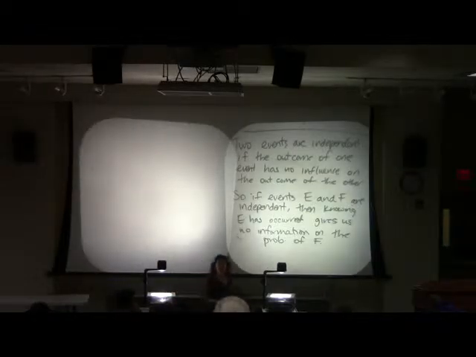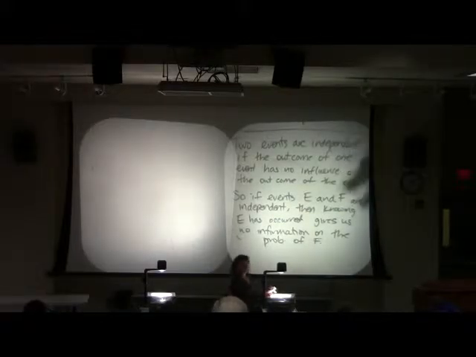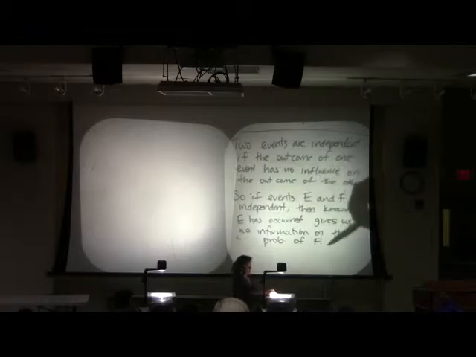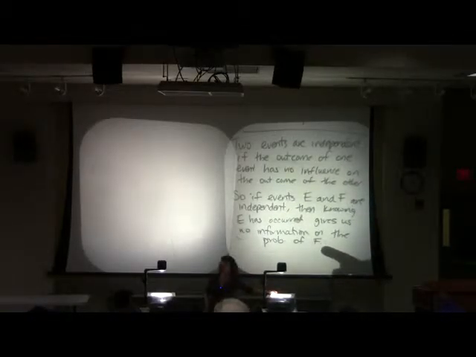Does that make sense to you guys? If these are independent, then just because one event happened, whatever came of it, it doesn't affect anything with the other event. So if we're assuming E and F are independent, knowing E has occurred has no bearing on the probability of F.